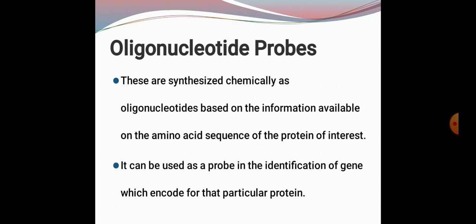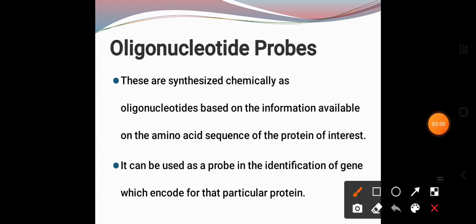There are many types of probes such as DNA probes, RNA probes and oligonucleotide probes. Here we will discuss oligonucleotide probes. What are oligonucleotide probes? Oligonucleotide probes are synthesized chemically as oligonucleotides, based on the information available on the amino acid sequence of the protein of interest.